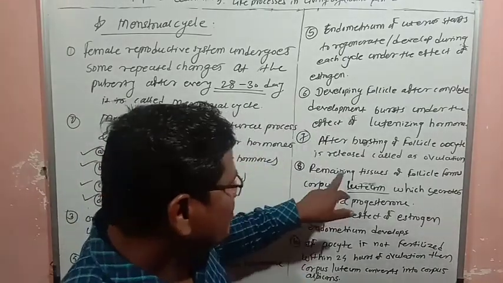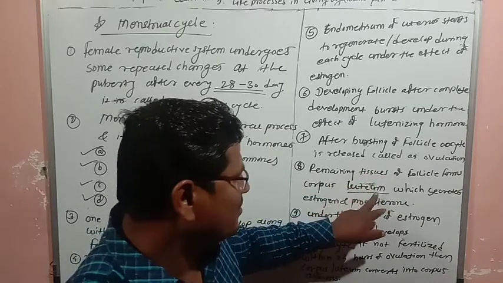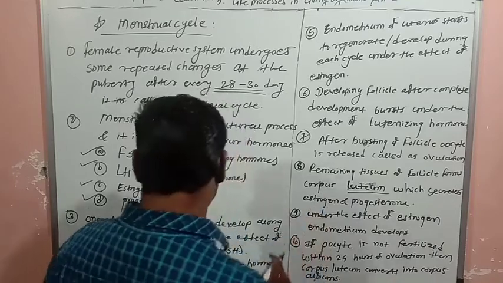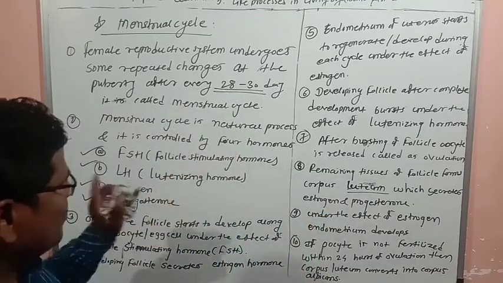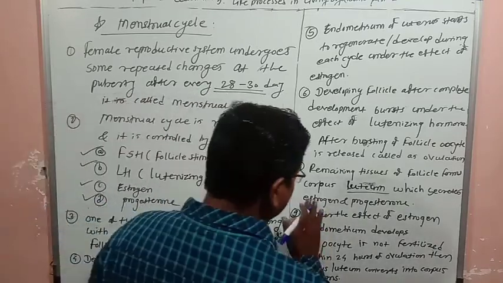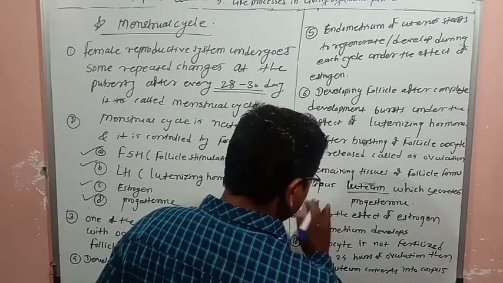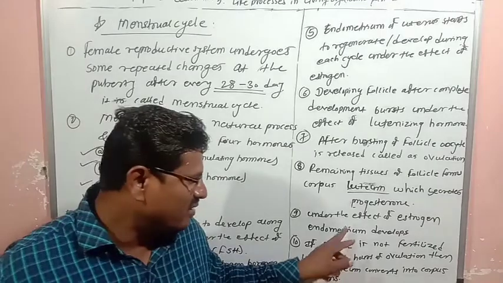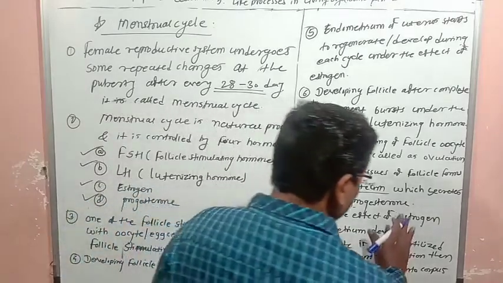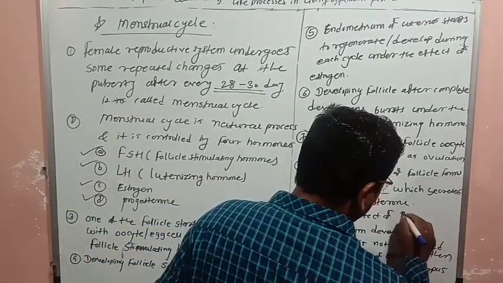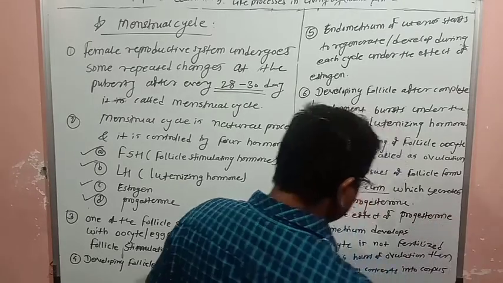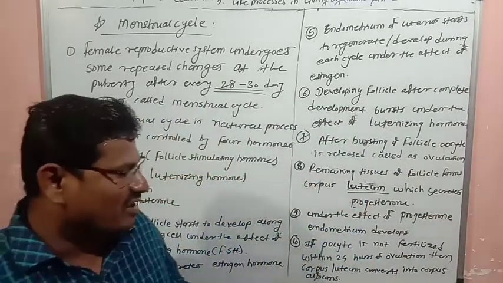Okay, so the remaining tissue of the follicle forms the corpus luteum, which secretes progesterone, and under the effect of progesterone the endometrium develops.